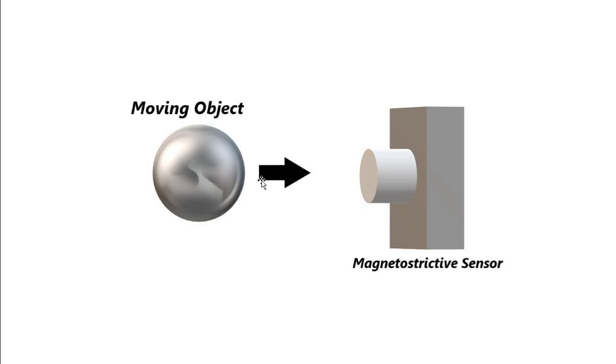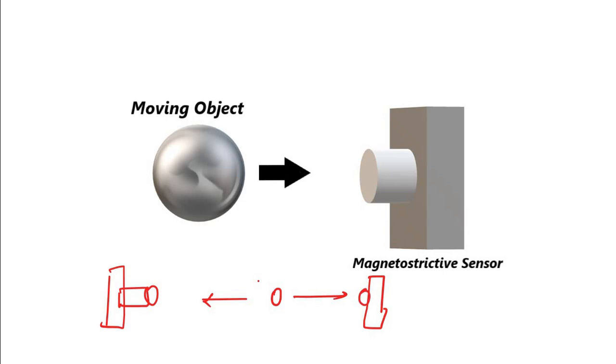Another way is, if two-way motion has to be detected, then another magnetostrictive sensor is placed here. So if there is to and fro movement in this way and this way, the sensor on both sides will be activated. Another magnetostrictive sensor is placed on the left side also. So on both sides it gets activated when the object crosses a certain point.